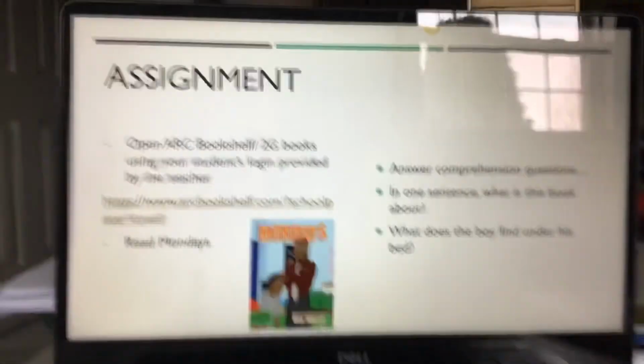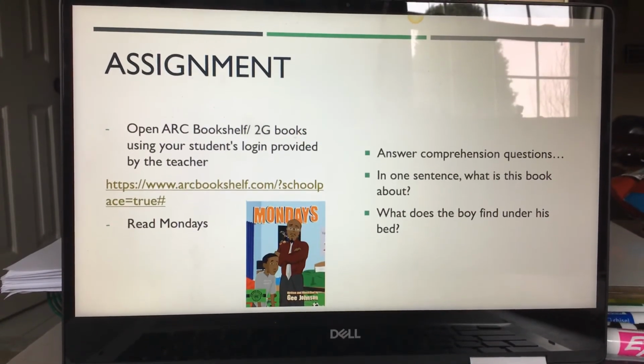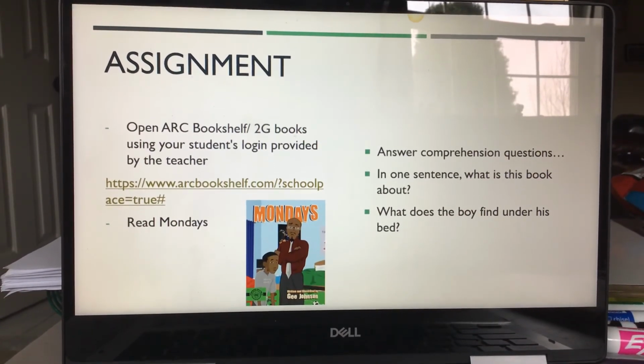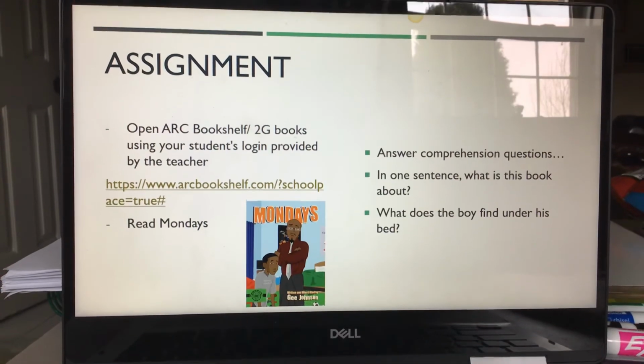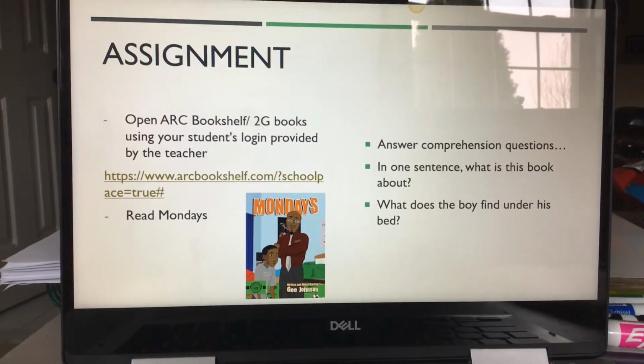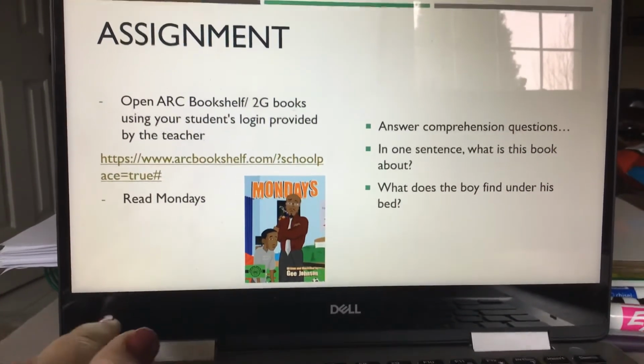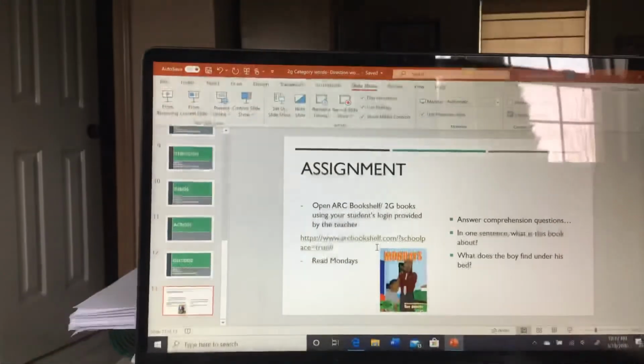So, in order to practice our words, we are going to read the book Mondays. You guys each were given a log on to the ARC bookshelf by your teacher. Okay, when you get into your ARC bookshelf, you are going to click on 2G Books, and I will show you that.